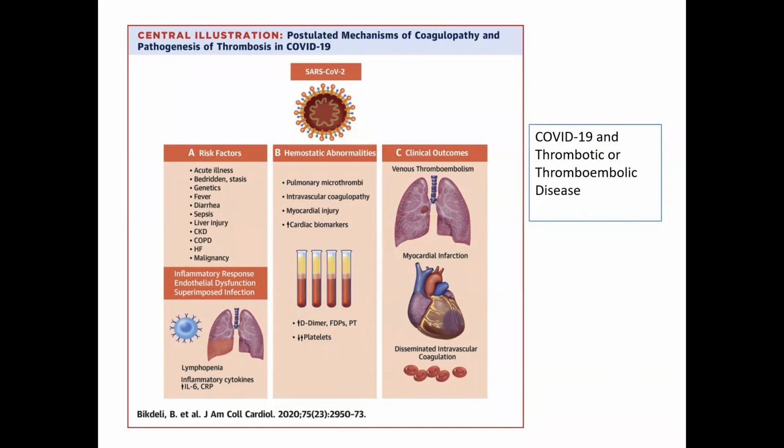I'm trying to identify patients of COVID-19 who need anticoagulation, based on these risk factors, hemostatic abnormalities, and clinical outcomes like venous thromboembolism, hypoxia not responding to oxygen, myocardial infarction, and disseminated intravascular coagulation. So these are the group of patients in whom this coagulopathy is causing the major damage, and they have to be addressed.